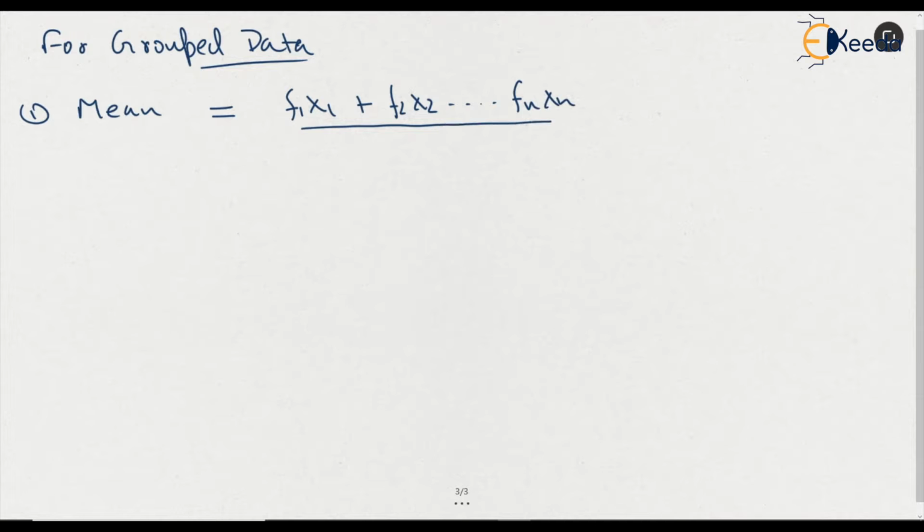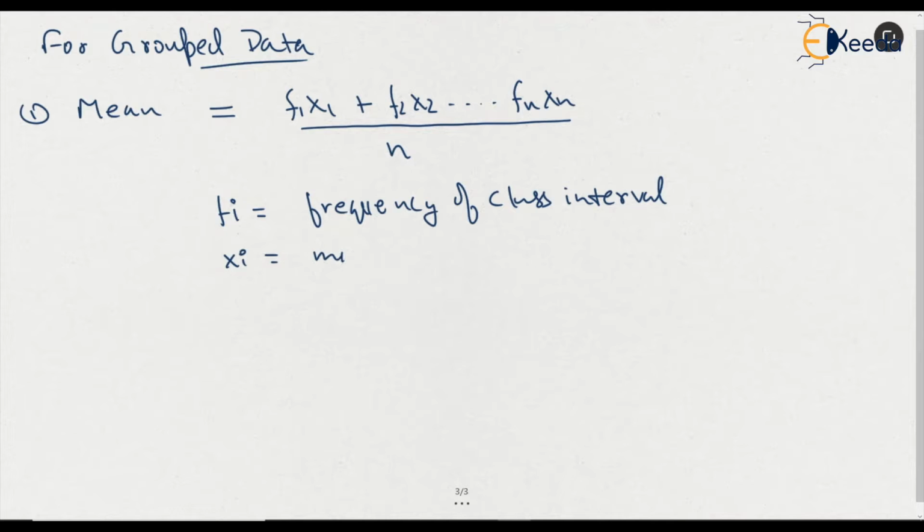So for 0 to 10 we find the midpoint, for 11 to 20 we find the midpoint, and likewise we add the products of frequency and midpoint, f1x1 plus f2x2 up to fnxn, divided by n. Here f is the frequency of the class interval, xi is the midpoint of the class interval, and n will be the sum of all frequencies.